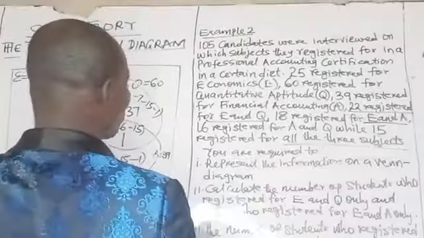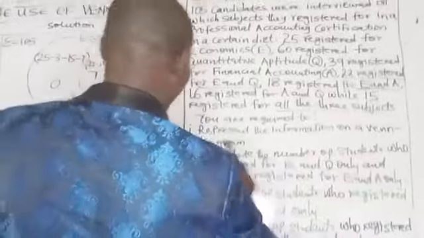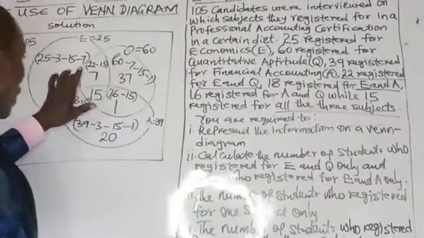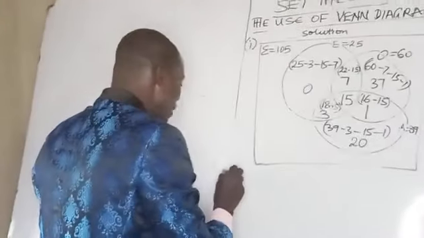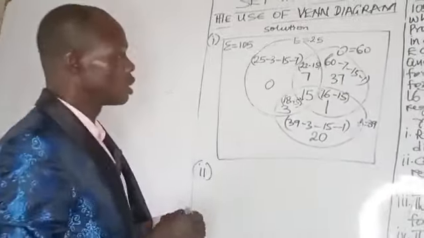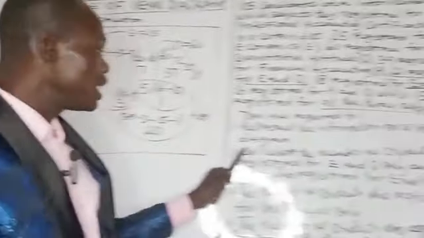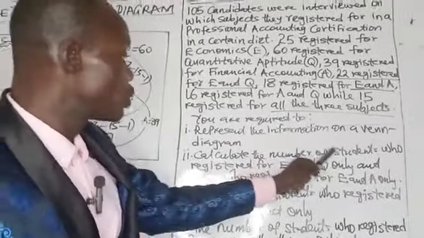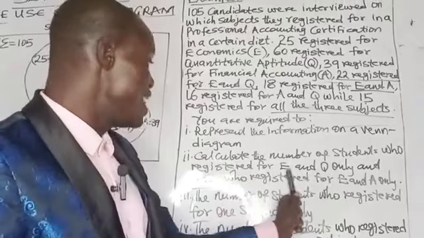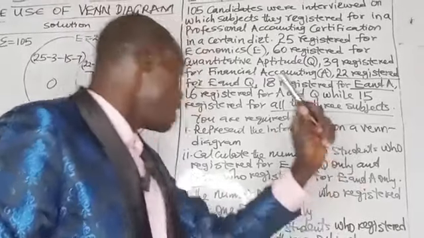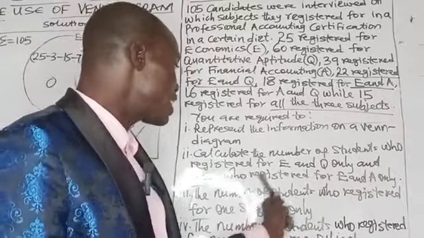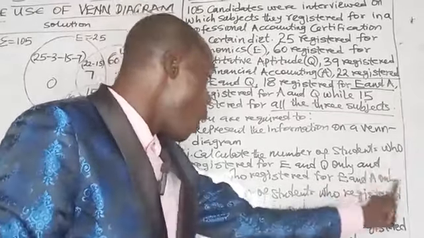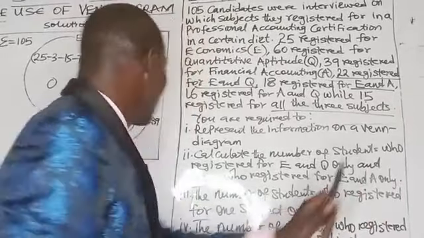Back to the question. You are required to represent the information on the Venn diagram. That has been done. That is requirement 1. Requirement 2: calculate the number of students who registered for E and Q only, and those who registered for E and A only. E and Q only now.